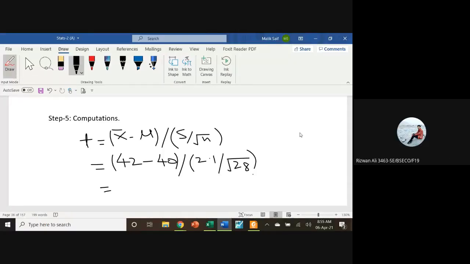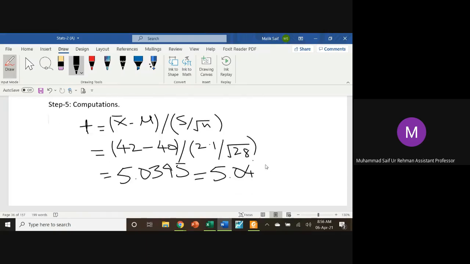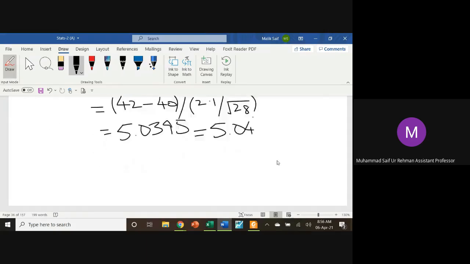5.0395, or you may write it down as 5.04. Right. So this is your calculated value for t statistic.